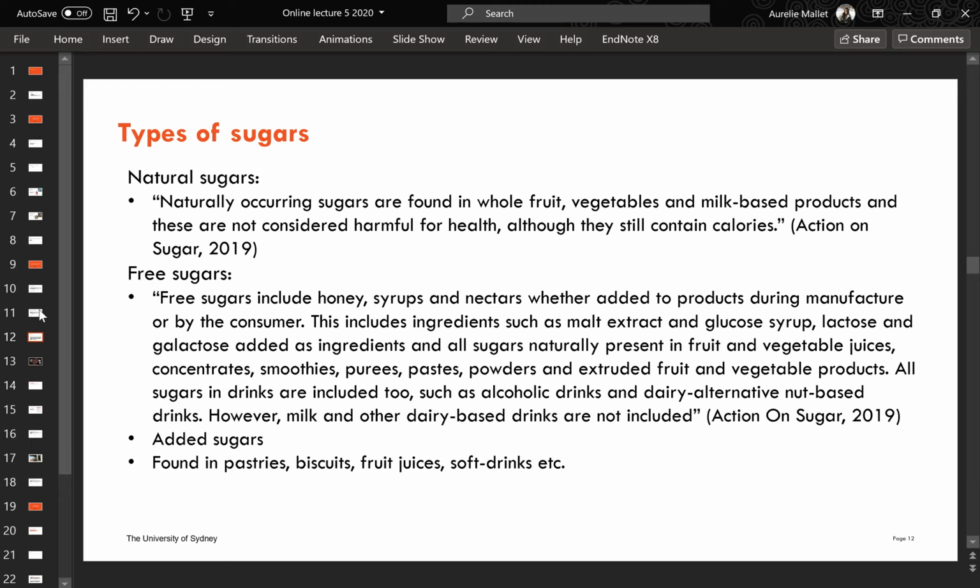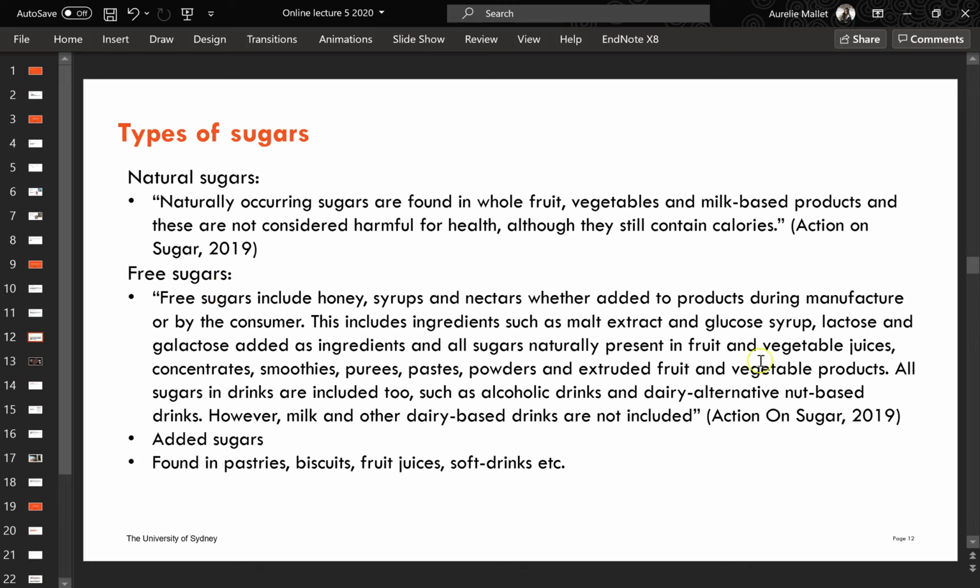So whether it's added during food manufacturing or whether we add it to our foods and drinks ourselves. So we might add honey to maybe pancakes or something. Now this also includes ingredients such as malt extract, glucose syrup, lactose and galactose added as ingredients.